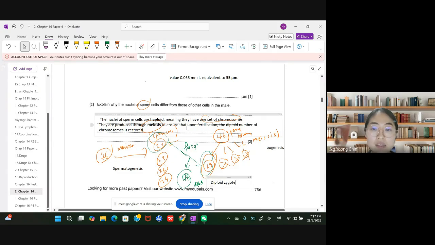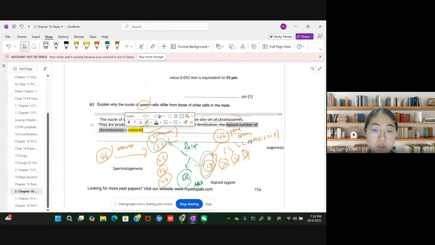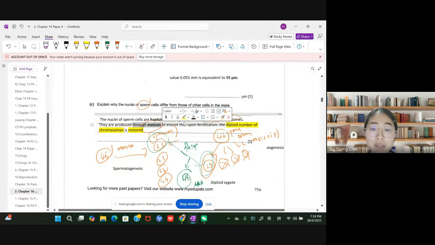So to ensure the fertilization is successfully done, this is to restore the diploid number of the chromosomes. You should write this term. This is a keyword that you should include in your answer in order to get the mark.